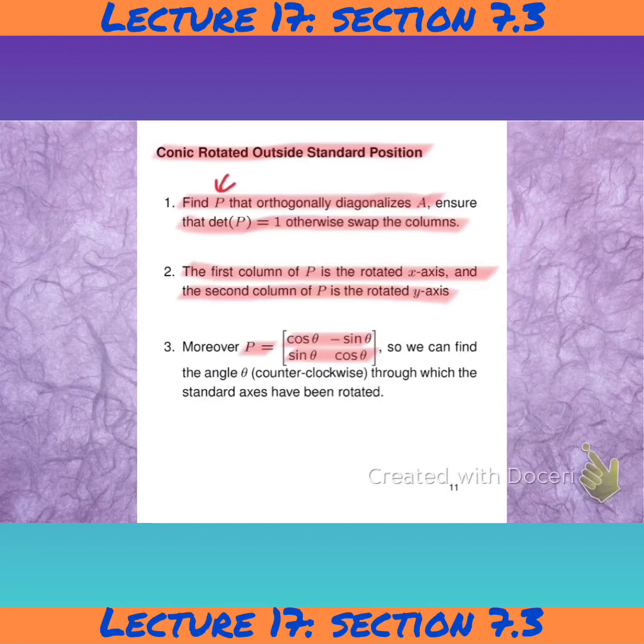We then use that matrix P to solve for the angle theta, the angle counterclockwise through which the standard axes have been rotated.